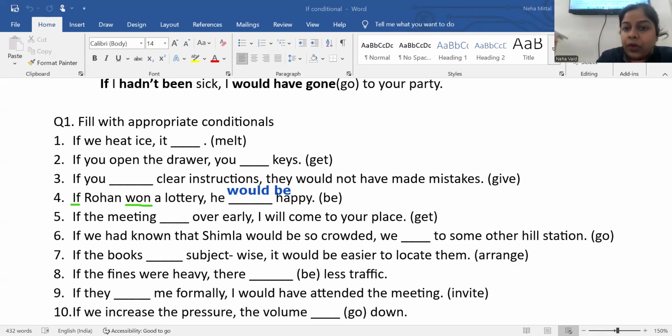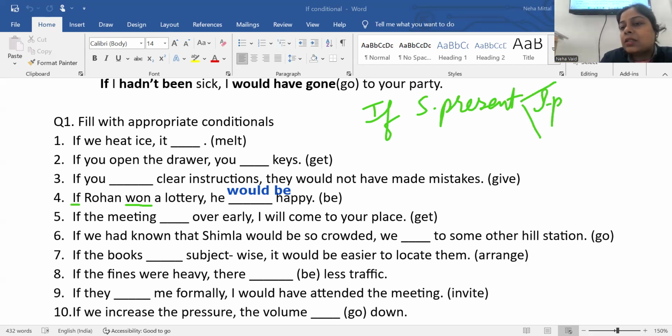So if plus simple present, you can fill it with simple present or simple future. Any blank can be there. Simple present can be in the blank, or simple future.